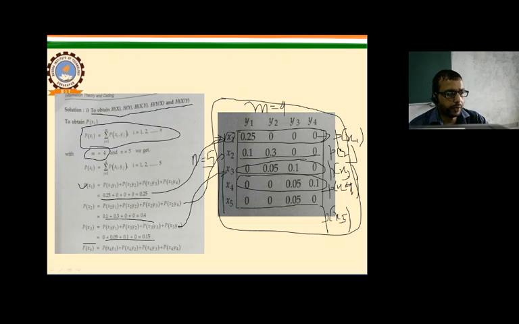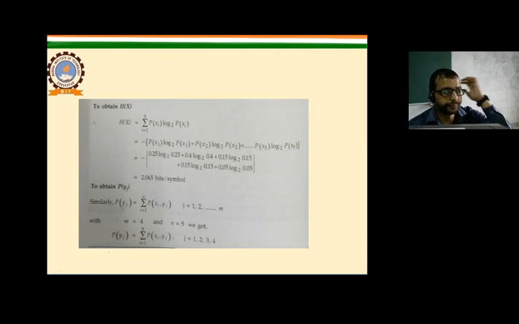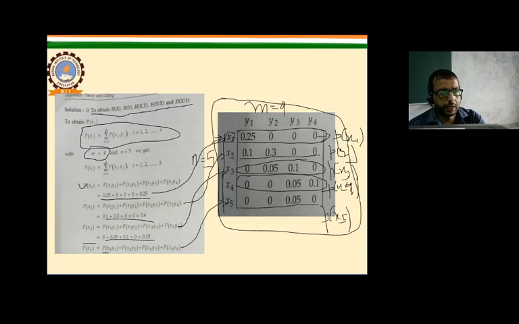And for p(x4), comparing these values and adding, again we get 0.15, that is p(x4) after calculation, and p(x5) is equal to 0.05.